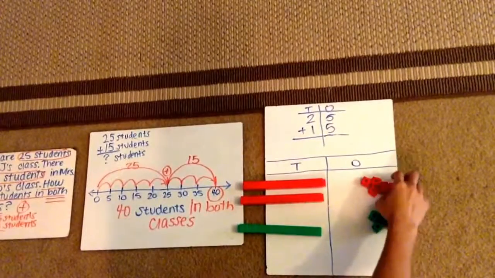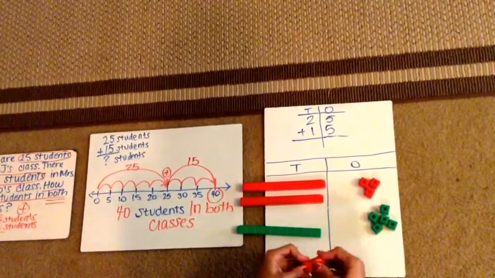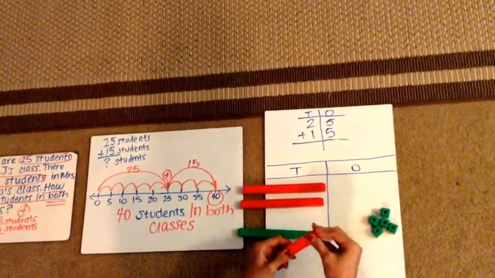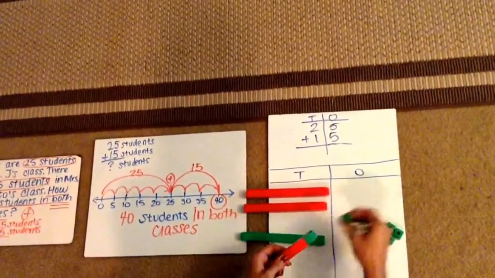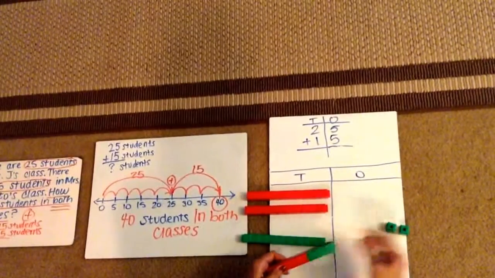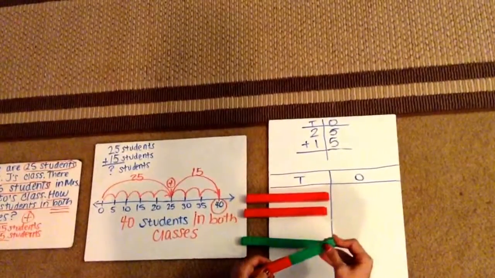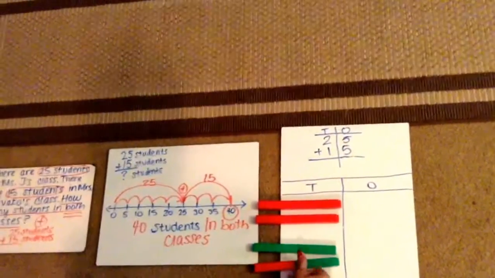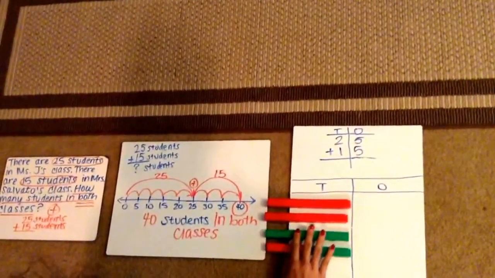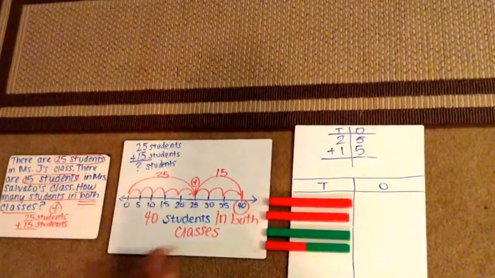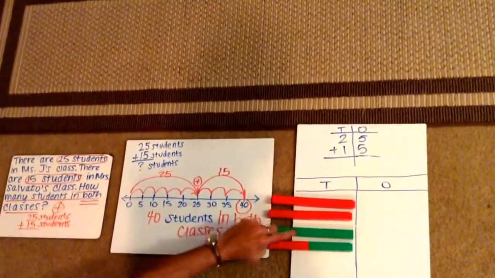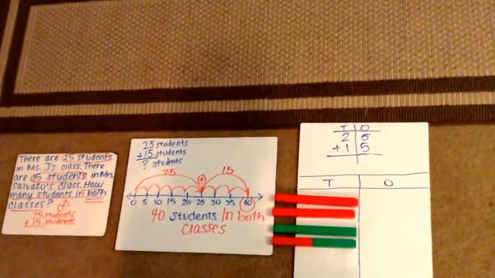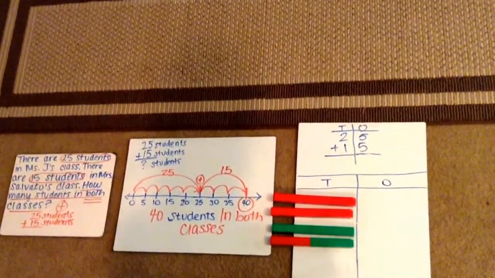You know what that means. We can regroup because we know that 10 units make 1 long. We're carrying over. It's in the tens place now. So we have 1, 2, 3, 4 longs in the tens place and 0 units in the ones place.